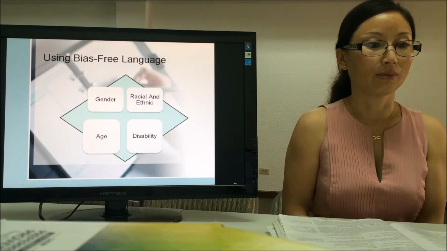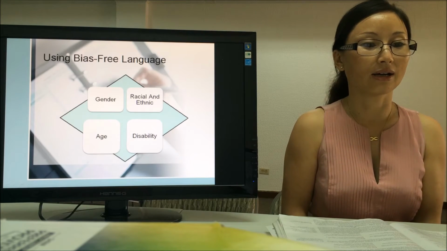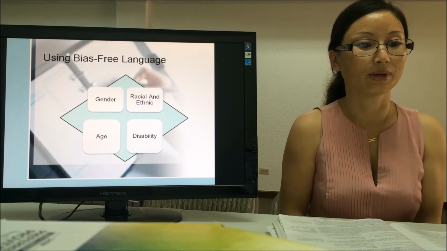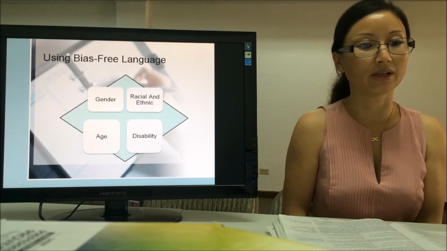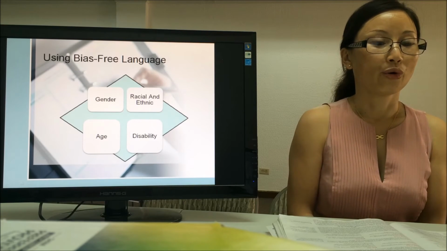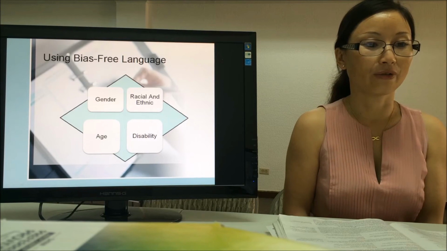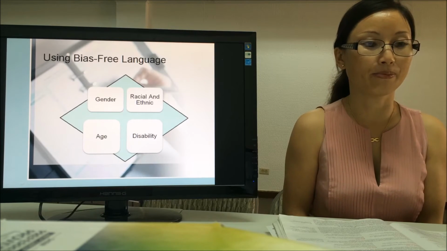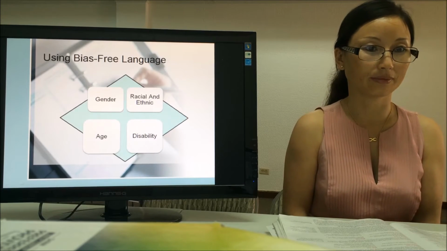Disability bias puts the disability before the person, which is unacceptable, such as disabled workers face many barriers on the job. Should it be workers with physical disabilities face many barriers on the job?